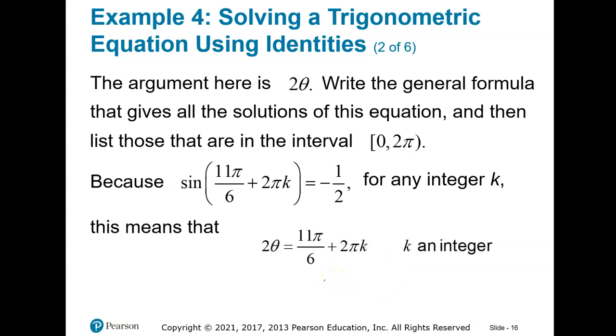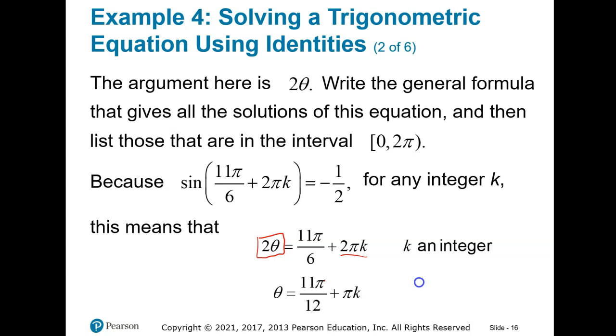So the thing inside, that's our double angle, is equal to 11 pi over 6 plus, again, 2 pi k. This is just the fact that we can keep going around the circle over and over and get back to where we started as many times as we want to. So if I divide both sides by 2, I get 11 pi over 12 plus pi times k.